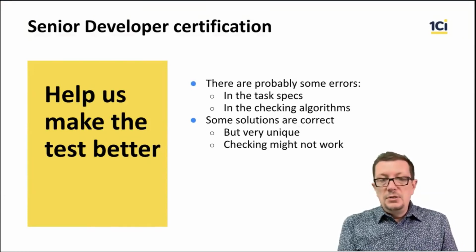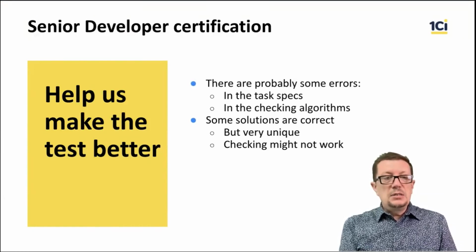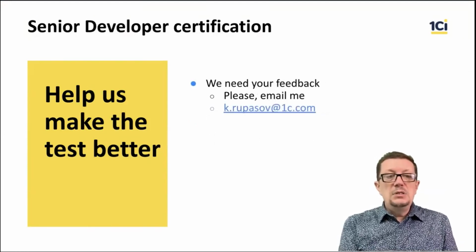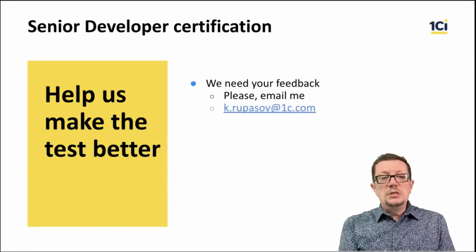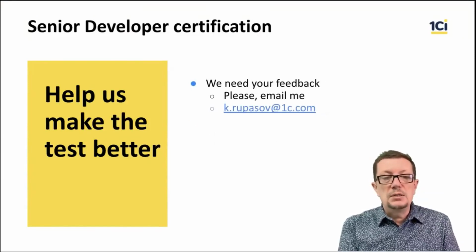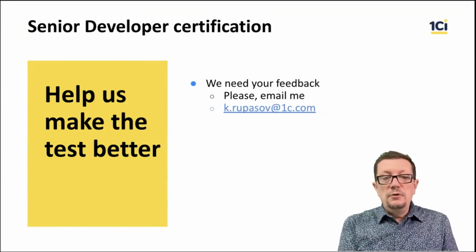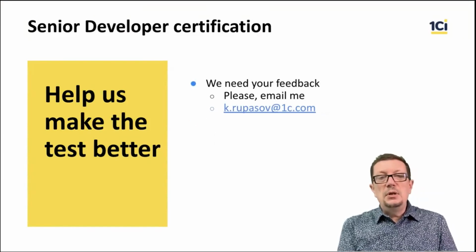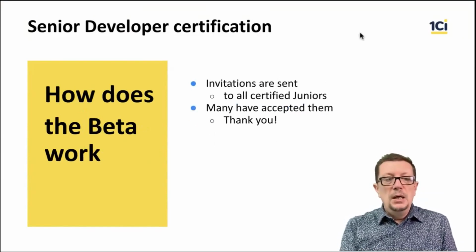You are very inventive and sometimes you solve tasks in very unique ways we haven't foreseen when implementing our checks. This is the place where your input is precious for us, so I'm immensely grateful to all of you who took the time to send me your feedback. Thank you very, very much, colleagues, and please do the same when participating in this beta testing.